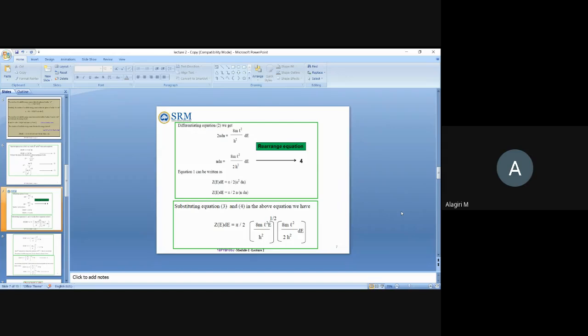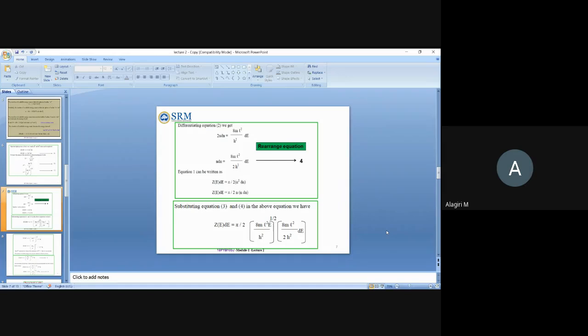After substitution, the equation becomes Z(E) dE equal to pi by 2 into the value of n, which is 8 m L square E divided by h square, all to the power 1 by 2, and the value of n into dn becomes 8 m L square divided by 2h square into dE.